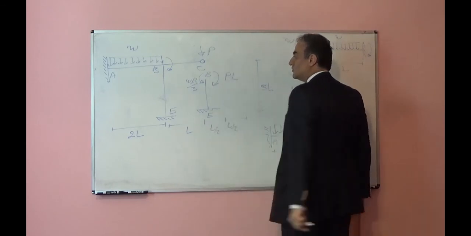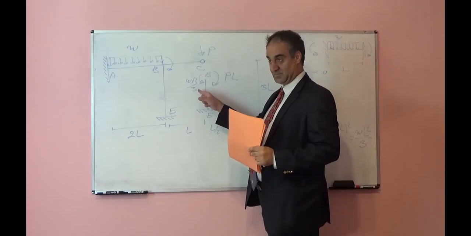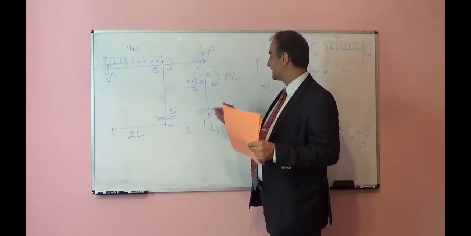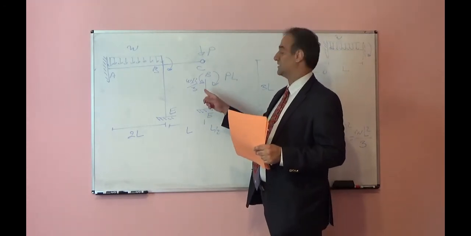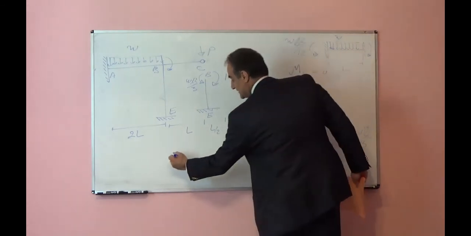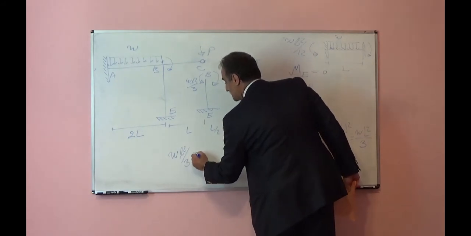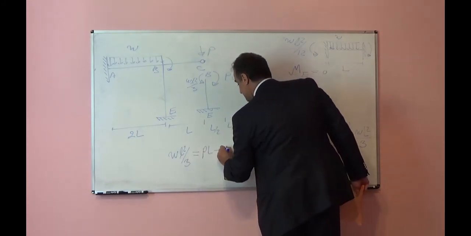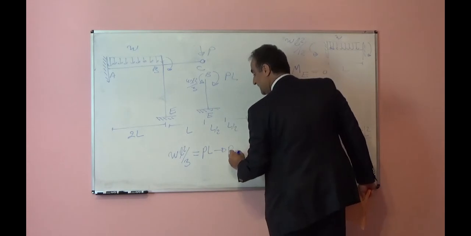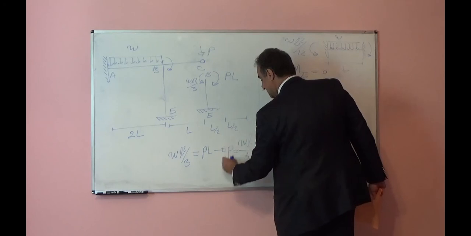If these two moments are equal in magnitude, because they are in inverse direction, they will cancel out each other. So there is no rotation at point B. In that case, we should write W L squared over 3 should be equal to PL. From here, P will be equal to WL over 3.